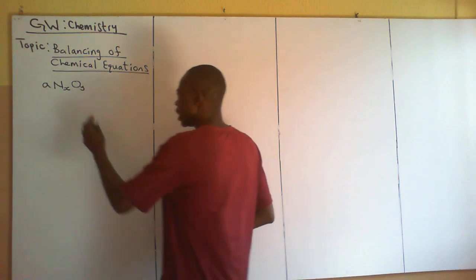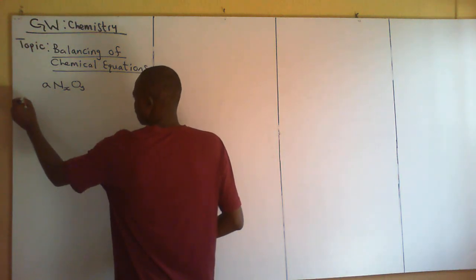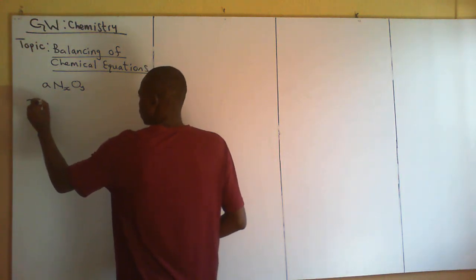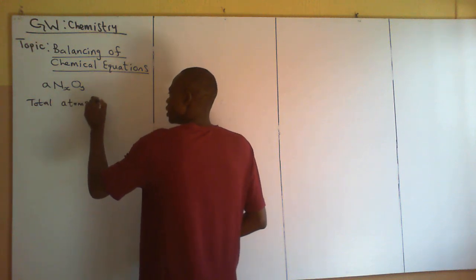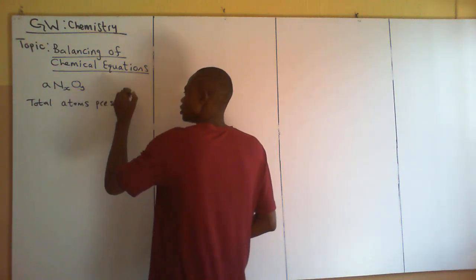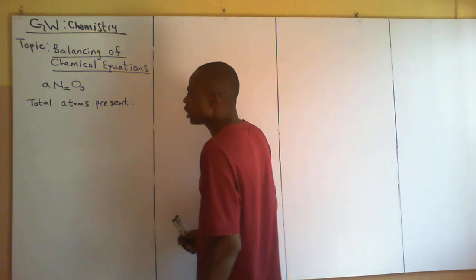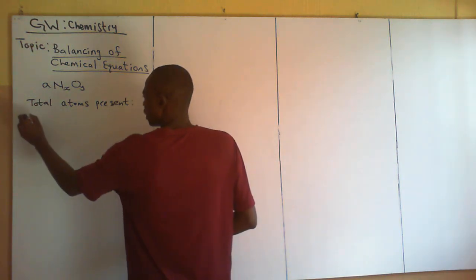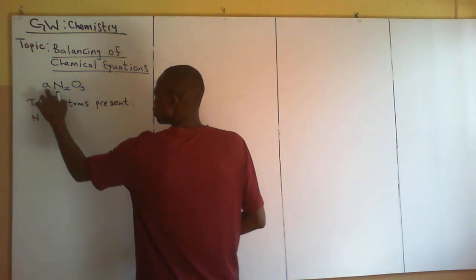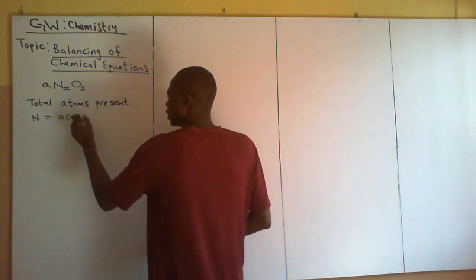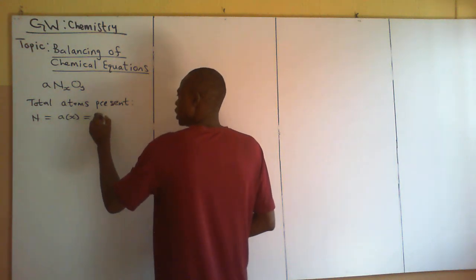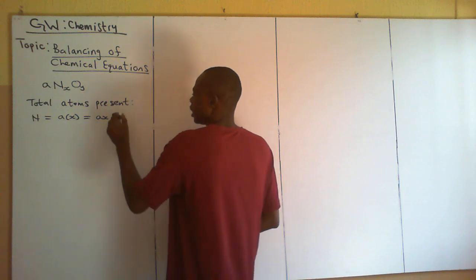Total number of N, total atoms present: N equals A times X, A bracket X, equals AX atoms.